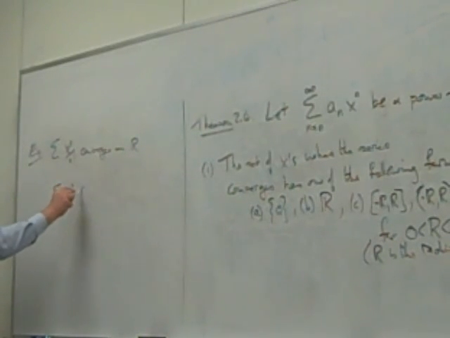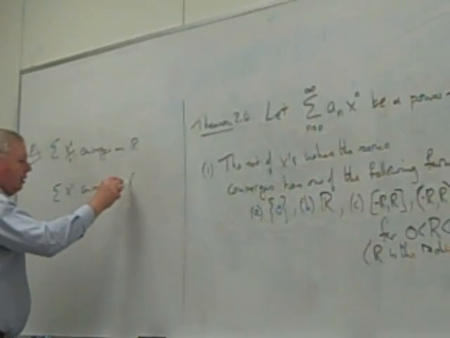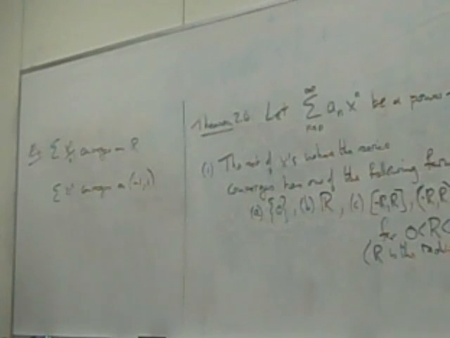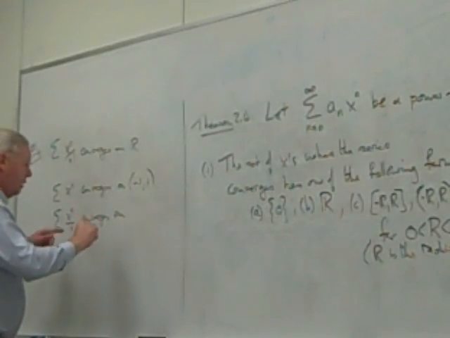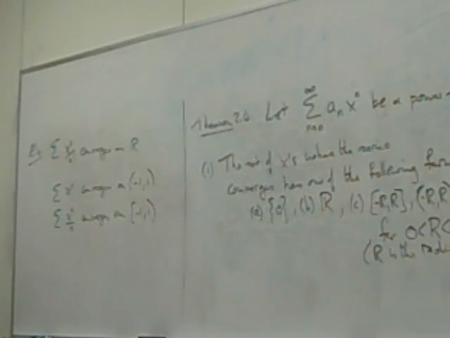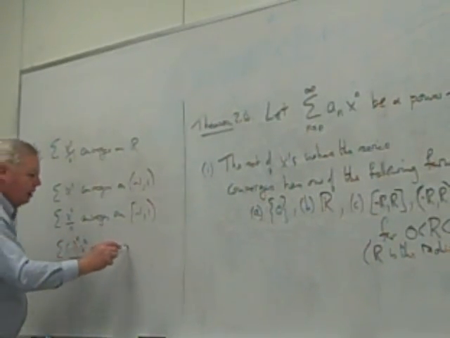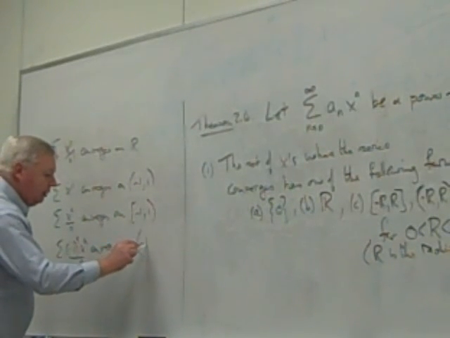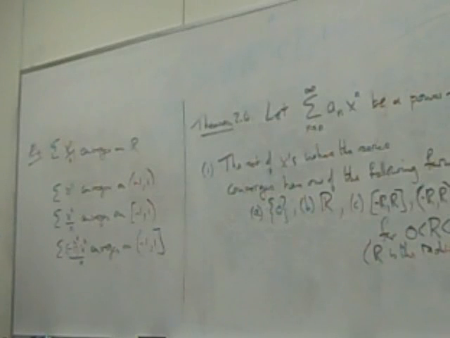Sigma x to the n converges on an open interval, -1 to 1. Sigma x to the n over n converges on a half open interval closed on the left. Sigma -1 to the n x to the n over n converges on the half open interval, but now closed on the right.